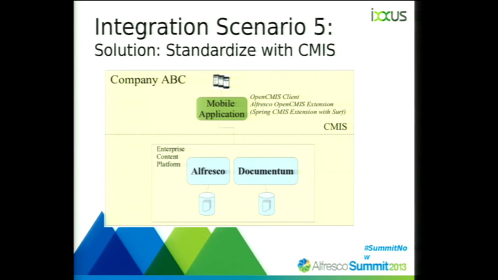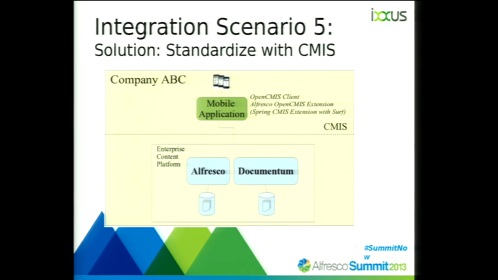I can tell you about a project I was involved in. I built a jQuery mobile app. It uses all of this stack here: OpenCMIS client, Alfresco OpenCMIS extension, which brings you stuff to work with aspects, and the Spring CMIS extension with Surf. So we use Surf to create the app.